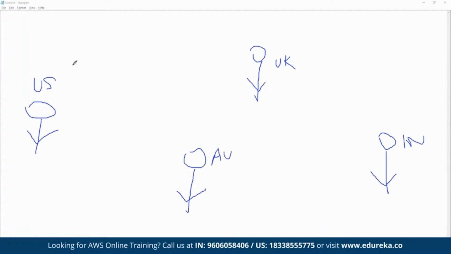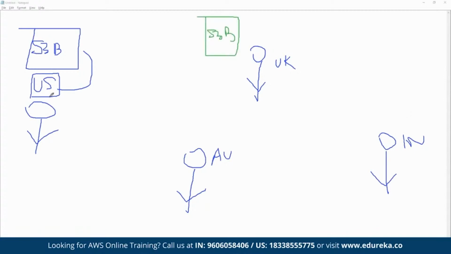Now suppose we deploy a bucket in the US, right? If we have deployed an S3 bucket in the US, then it will be much easier for the US audience to access the data using this bucket than accessing the data in a bucket deployed in the UK region, right? If we have deployed a bucket in the UK region, the US audience will still be able to access the data stored in it, but the latency will be much higher, right?